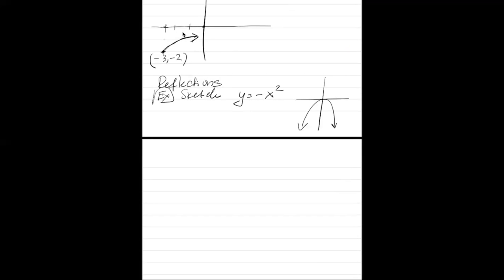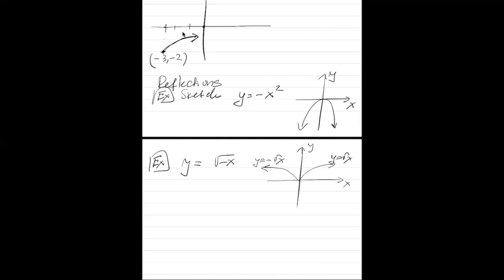So reflection with respect to the x-axis. Okay, another example would be if you want to sketch y equals square root of -x. Now, we know the parent function is square root of x. Square root of -x will be reflected with respect to the y-axis. Now, because x is negative, -x would be positive.